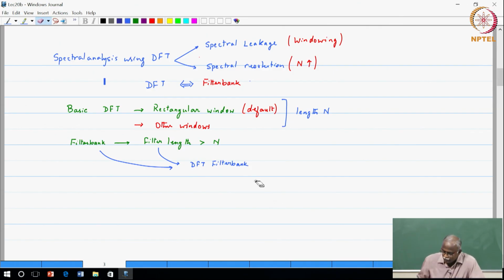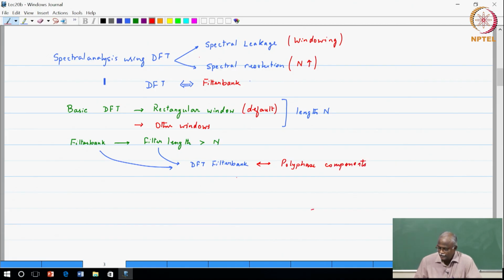And if you have a DFT filter bank, then the added benefit is that if you break it up into its polyphase components, then you get a very efficient implementation.